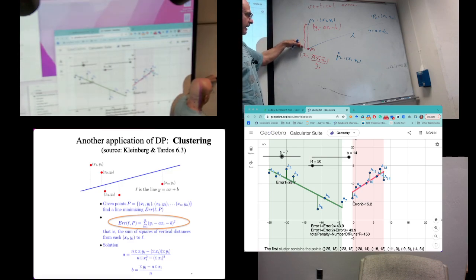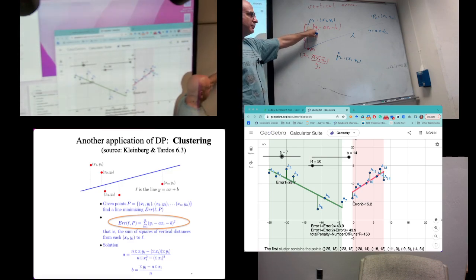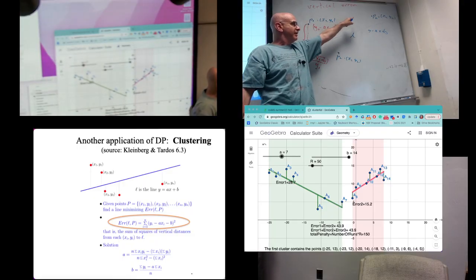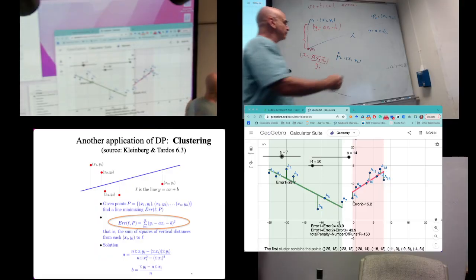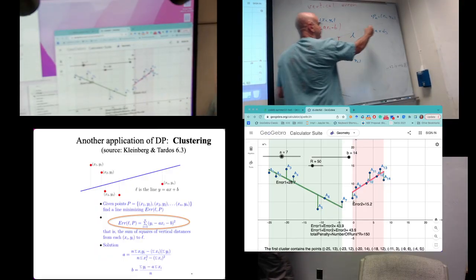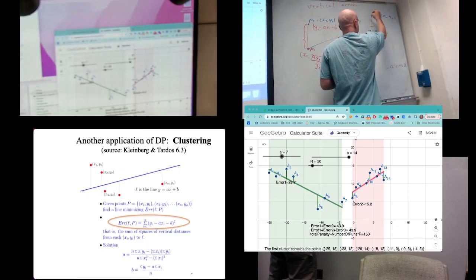Now, generally I don't want to mess with this expression. I want to take this value, but P1 doesn't have any special role. I have also P2, P3, all the way up to Pn, and each one of them will define its own error that the point introduced.